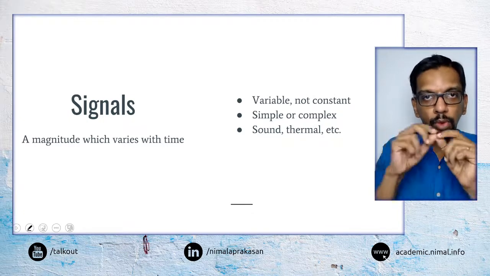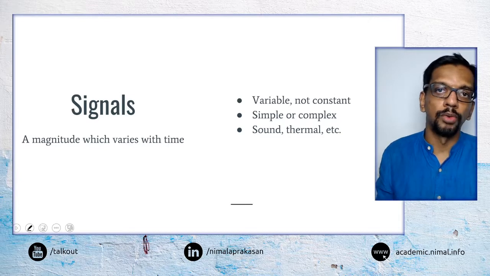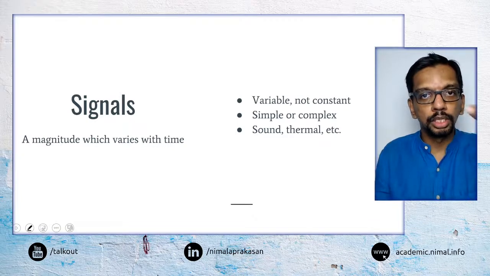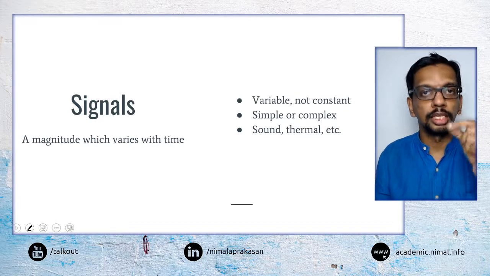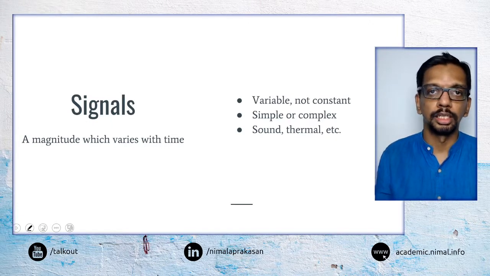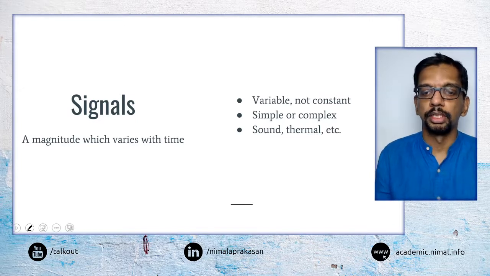If we measure the voltage across something, and if it will change over time, again, that can be a signal. If we are speaking and we are producing some information and that is changing over time, again, that can be considered a signal. So that is the basic definition of a signal.